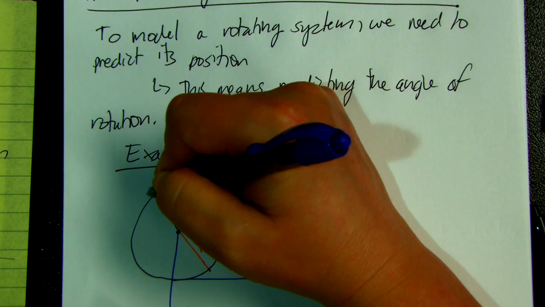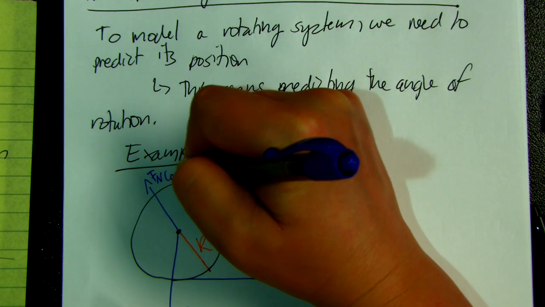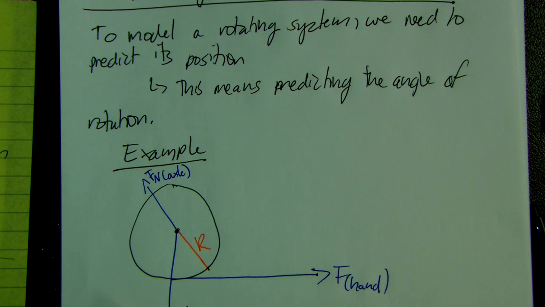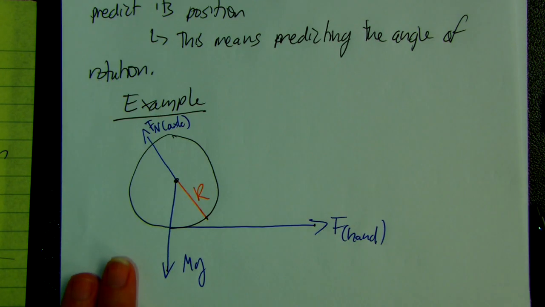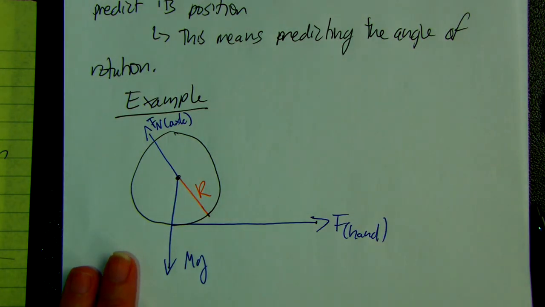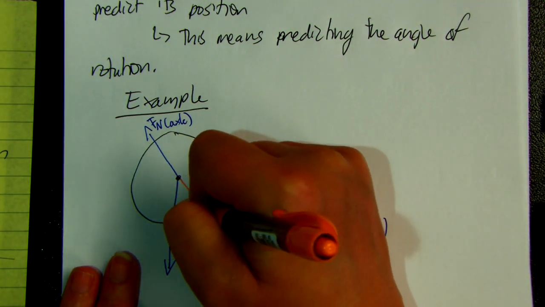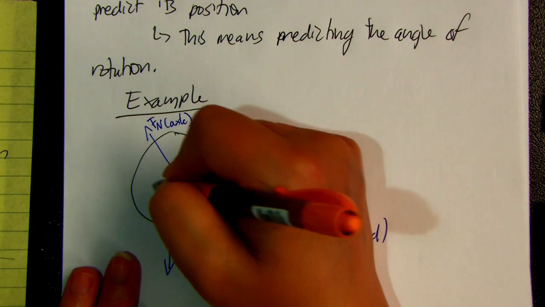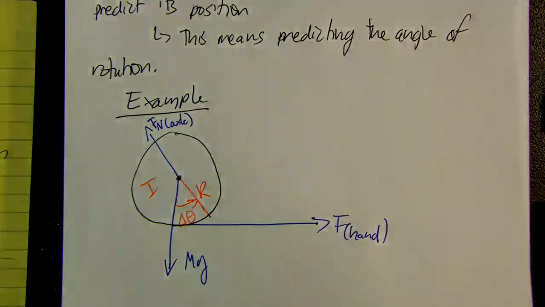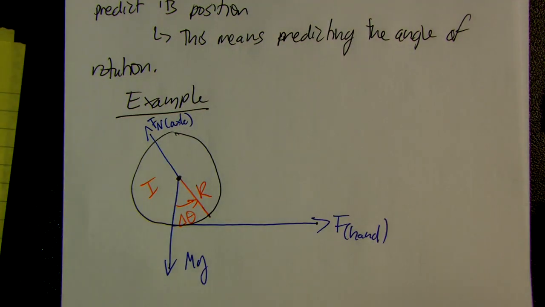The axle has a normal force on it. By the way, the center of mass is not moving. It's just the wheel that is spinning, through some delta theta. So this problem starts in motion, and it has some moment of inertia, I.